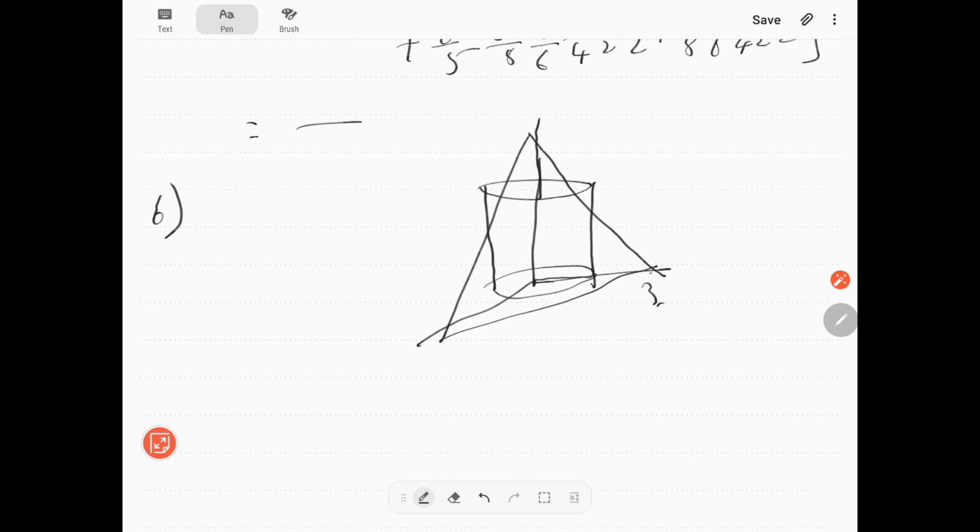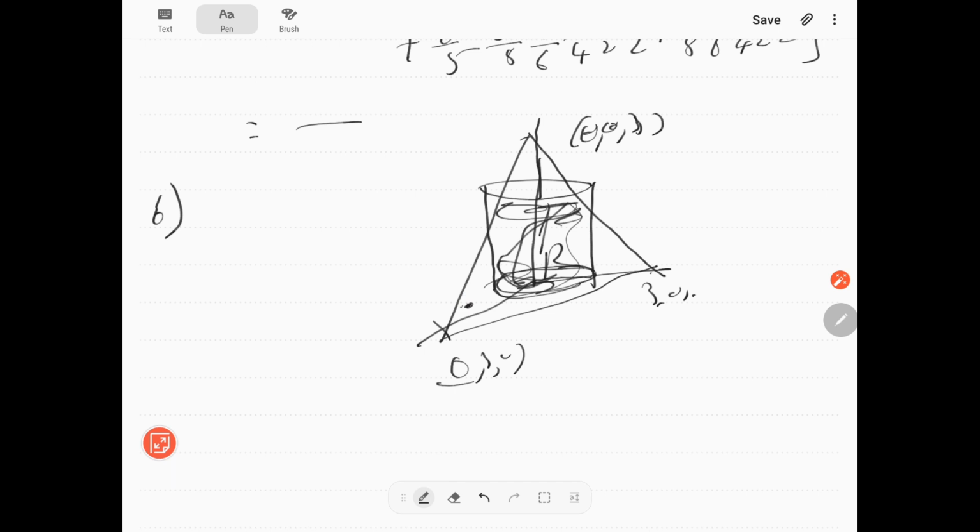This is 3, 0, 0, 0, 3, 0, 0, 0, 3, and your region is this, common to the cylinder and the plane. So here in this region R, if you take the projection, this is not a common region. This belongs to only the tetrahedron.